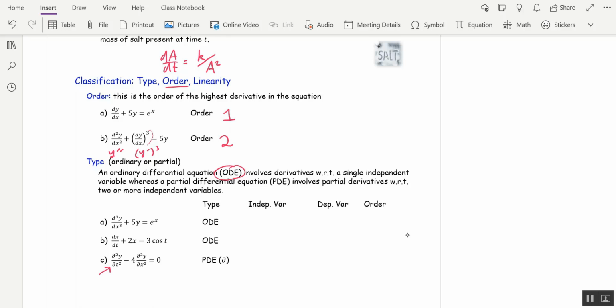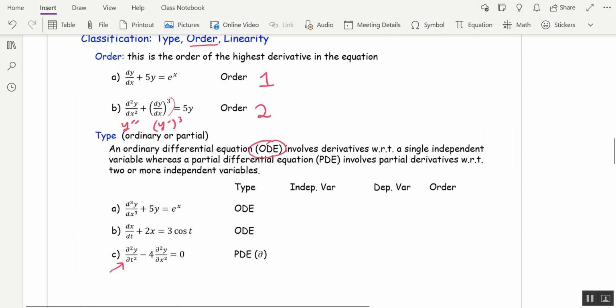The first example, the independent variables. Well, how can you tell? The independent variables are the ones in the denominator. So I'm taking the derivative of y with respect to x. That means y is a function of x. So x is independent, y is dependent, and the order is 3. Okay, next one. I'm taking the derivative of x with respect to t.